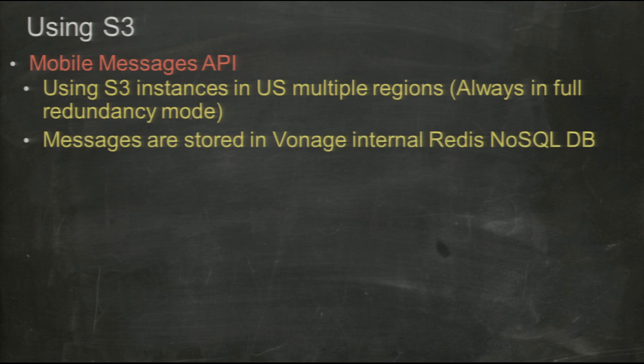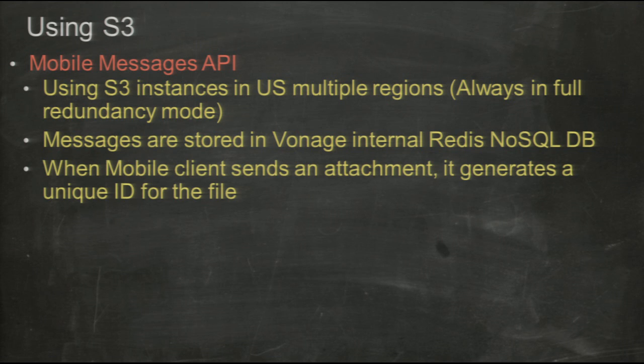And we are storing our messages, as I mentioned before, in a Redis NoSQL structure. That's in our internal data centers for all kinds of legal reasons and regulations. Again, it doesn't mean that you cannot have a Redis instance in AWS; we are just not using that.